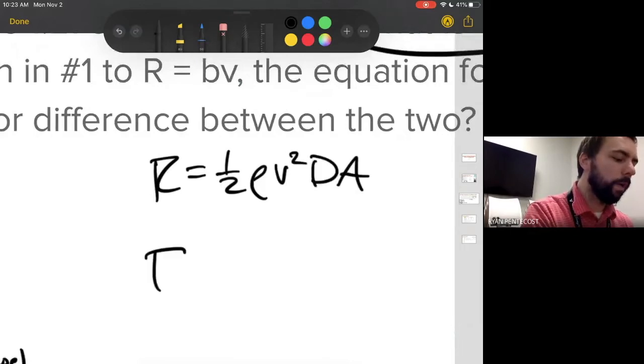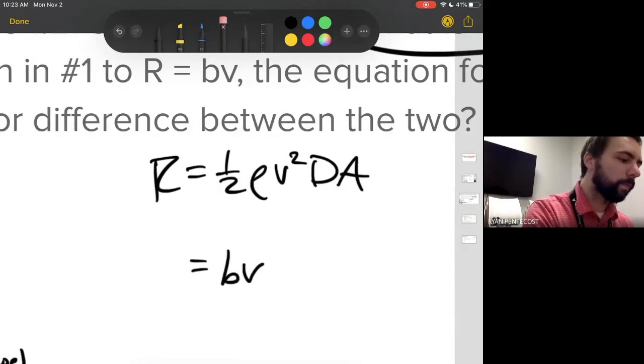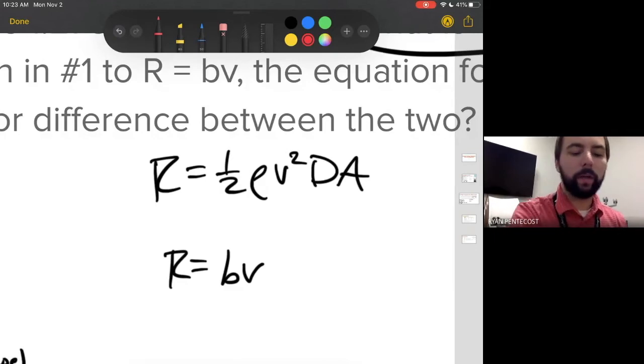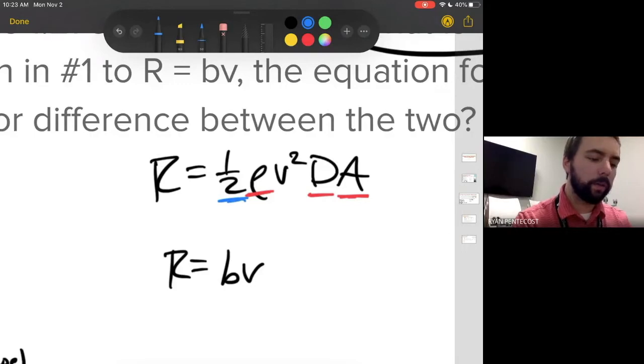Then for type 1, we just have R equals BV. Now, you can see we have a lot of differences, and I'm not looking for all of the differences. I'm looking for what is the most important. So we have the absence of rho, D and A, and then there is this 1/2 that is also completely absent from the other equation.